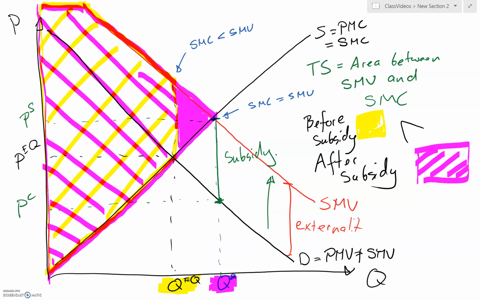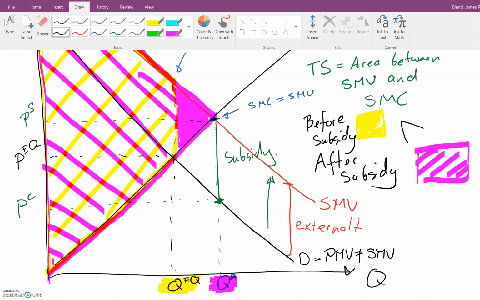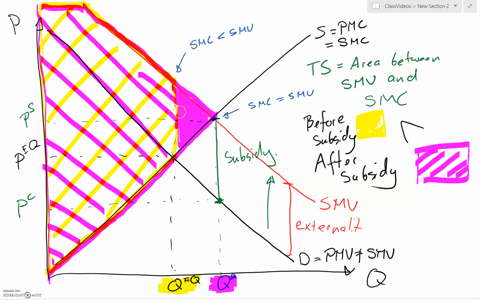Okay, now this doesn't come at no cost to the government. The government's now paying people to buy the good. Okay, they're paying people some money to buy the good. And so now the government is going to have to pay the value of the subsidy for every item that's sold, right?